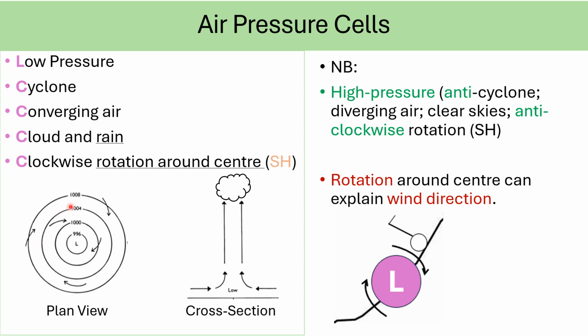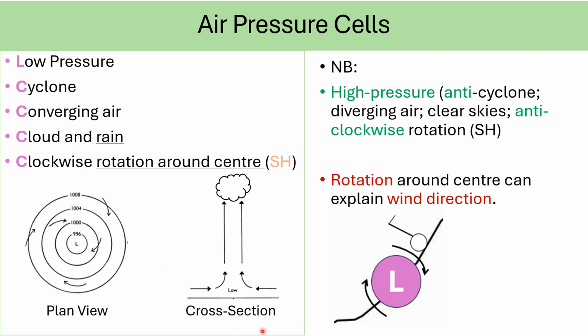And as the wind spirals in a clockwise direction, it gets closer and closer to the center of this pressure cell, and this moving closer to the center of the pressure cell is called the converging of the air.